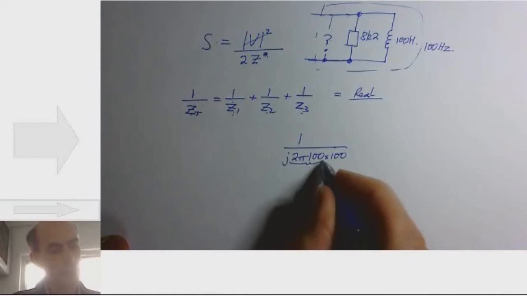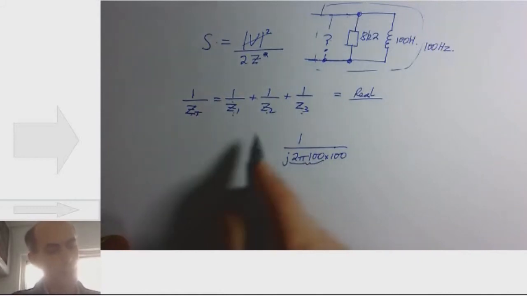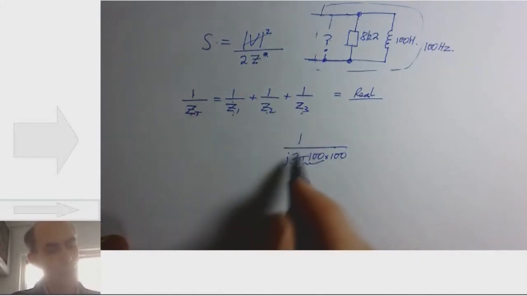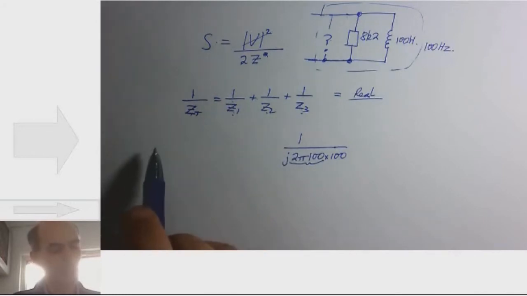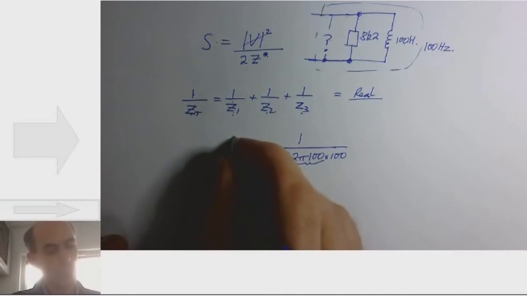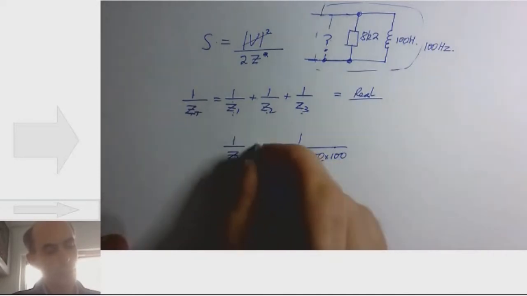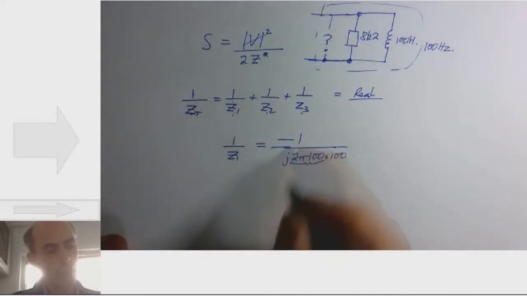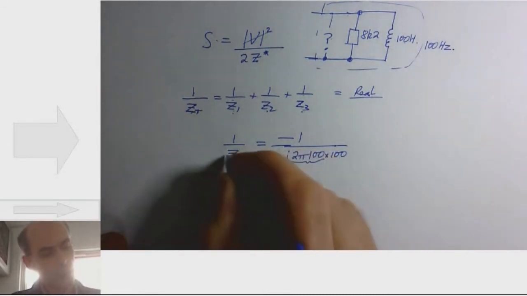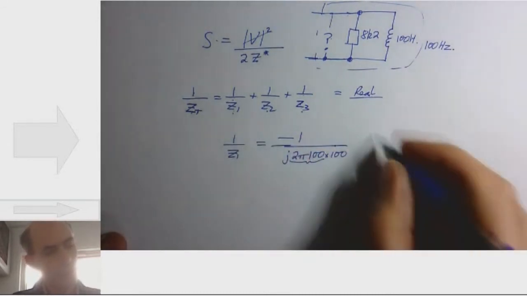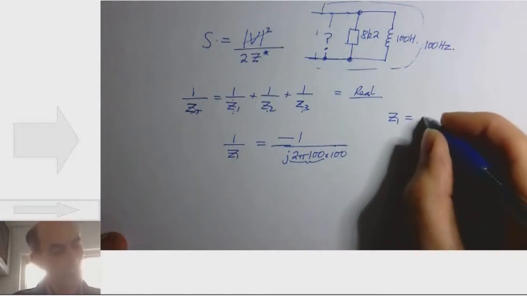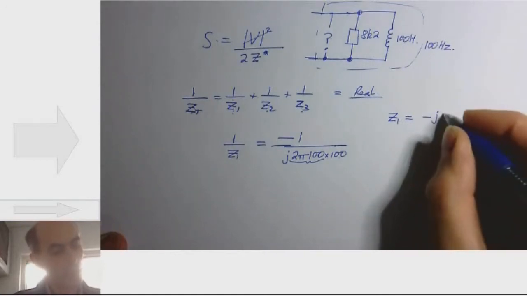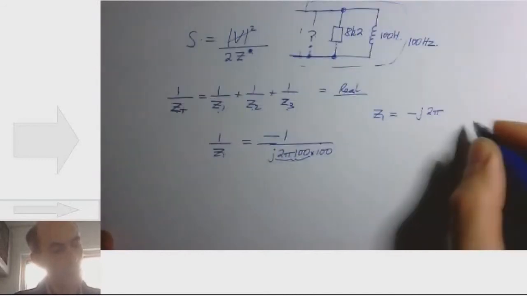That's omega, 2 pi F. And that is going to have to be equal and opposite to 1 over Z1. Which means that 1 over Z1 needs to be minus that. Well, if I turn these things upside down, that would give me that Z1 has got to be minus j times 2 pi times 100 squared.